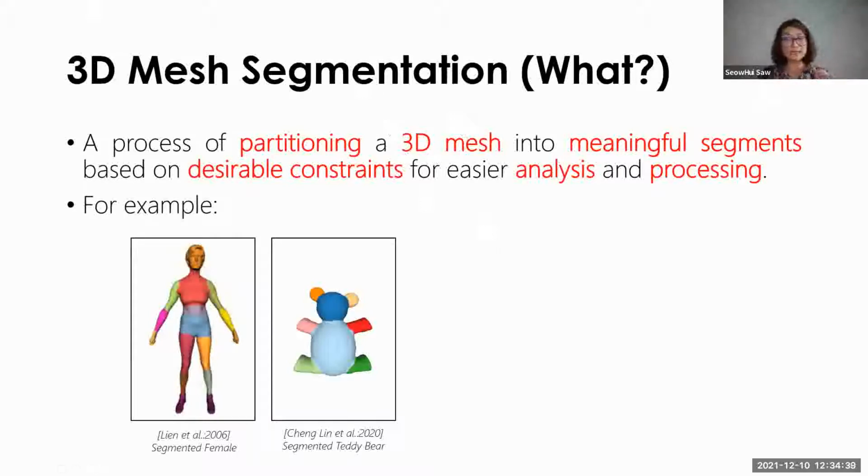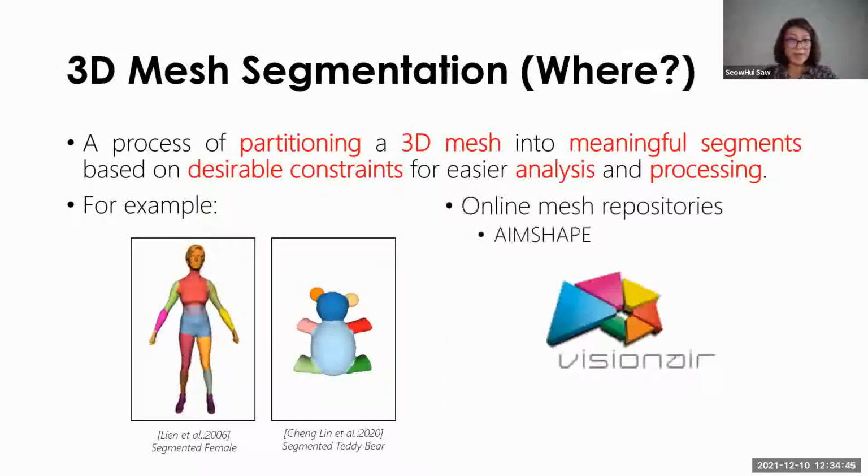And this is actually a fundamental research topic in geometric processing and computer graphics. This challenging problem has been studied for the last 2 to 3 decades and has even led to the development of online mesh repositories, where you can download the meshes free from this website, AIM Shape.